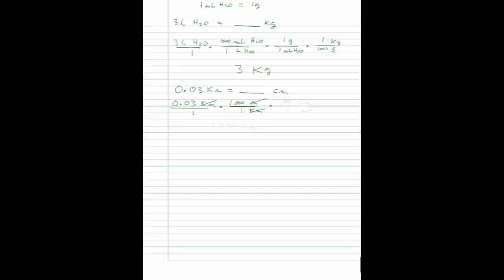And then we're going to convert meters to centimeters. Meters on the bottom, centimeters on the top. We know there are 100 centimeters in 1 meter. So kilometers cancels kilometers, meters cancels meters. We are left with centimeters. So we do our work here. 0.03 times 1,000 times 100, and we get 3,000 centimeters.